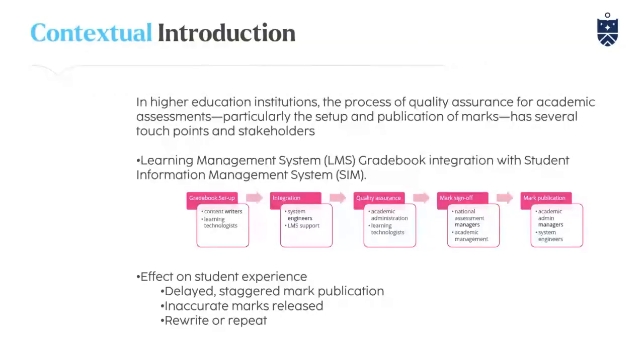In bullet point 2, you can see learning management systems have potentially the gradebook that can be integrated with student information management systems, also known as SIM or student portal. But the complexity of getting marks to an LMS system and into SIM, we won't be focusing on for the purpose of our presentation. We'll be talking about how we get that gradebook item to be a true reflection of the student's performance.